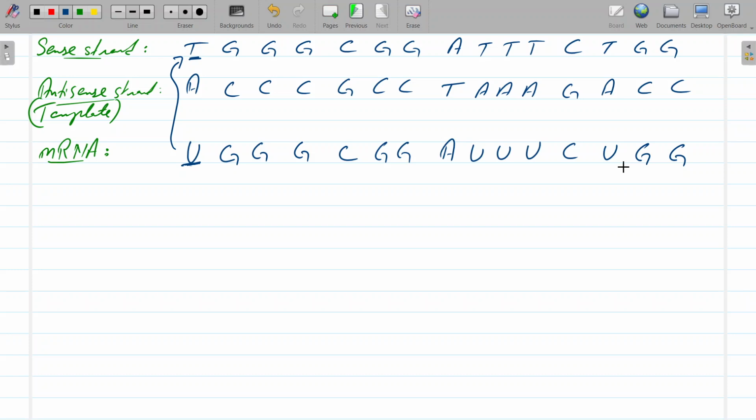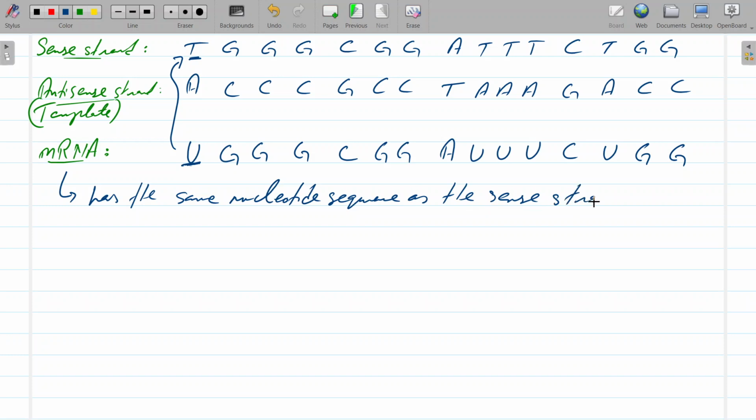And so what you end up with is an mRNA molecule that has the same nucleotide sequence as the sense strand, right? Which is the actual code for the polypeptide.